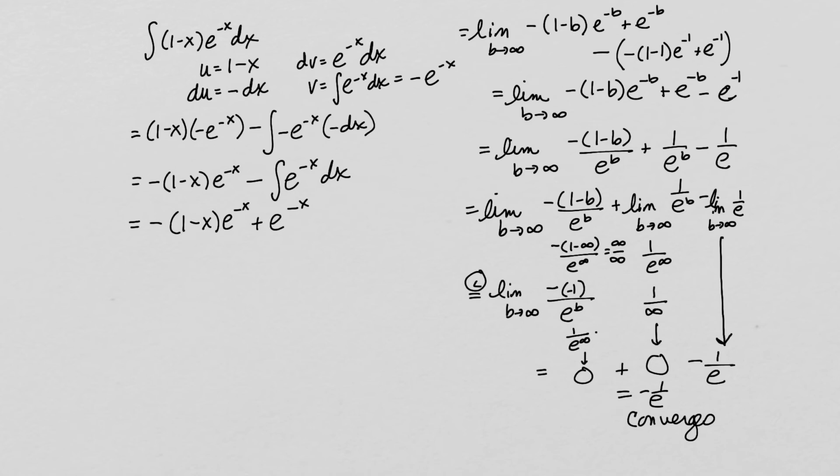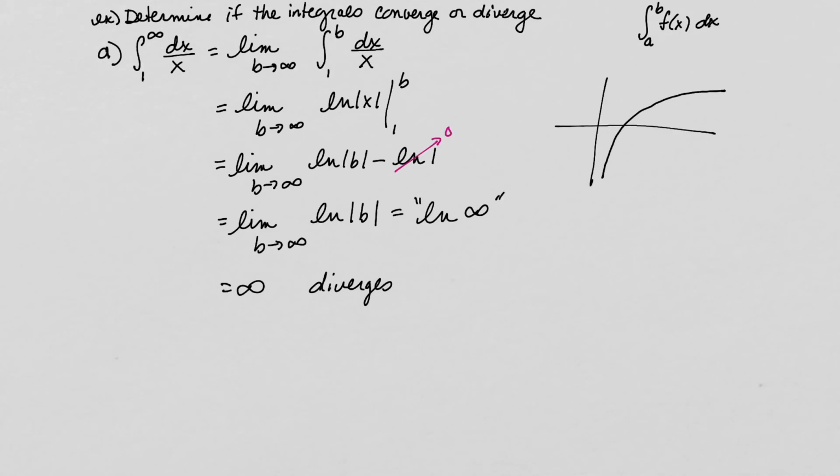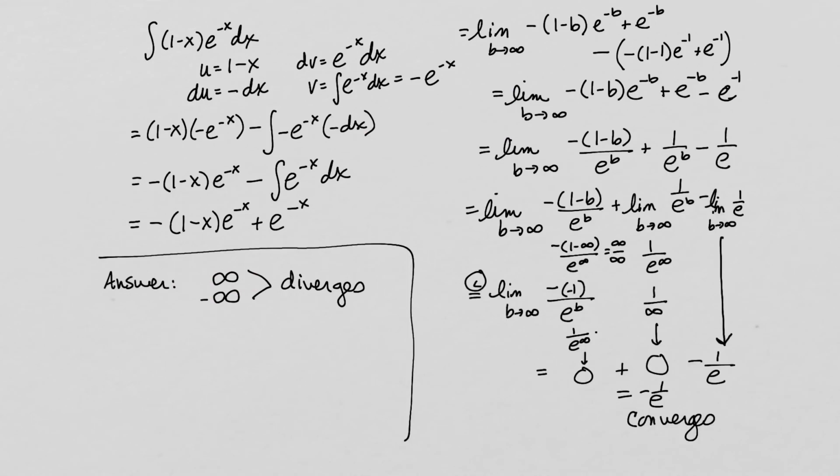Yeah, so when you get down to the end, if your answer is positive infinity or negative infinity, these two mean it diverges, right? If you looked at that last example that we did, at the end I got infinity, so my answer diverges. If you get some actual number, like negative 1 over e, it's not like 7, but it is like 7.